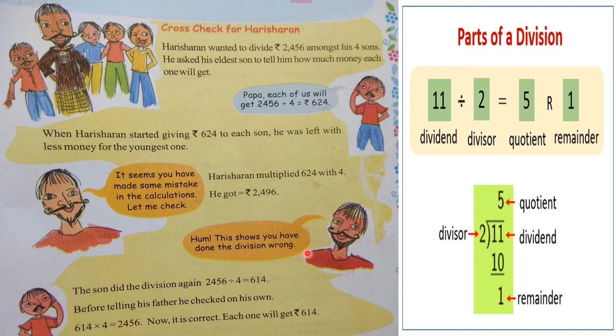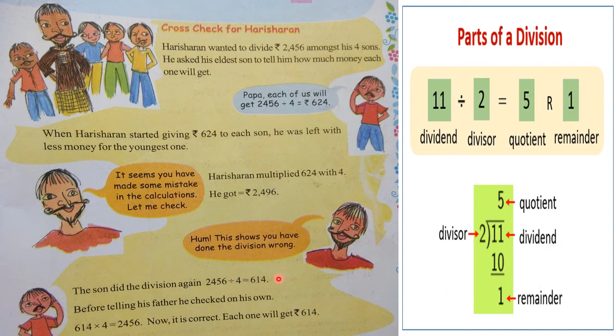The son did the division again. 2456 divided by 4, and then he will get the answer 614. Before telling his father, he cross-checked his own answer. How has he done this? 614 is the quotient, 4 is the divisor, and 2456 is the dividend.